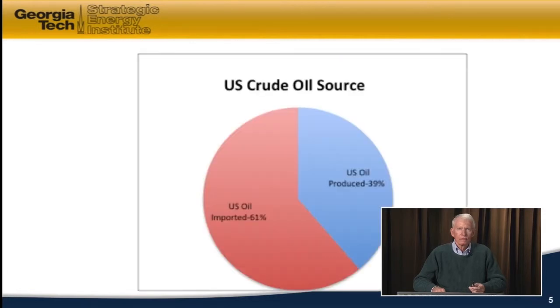As we showed last time, from the U.S. viewpoint alone, not North America, we import about 61% of our crude oil. When I say oil, it's synonymous with crude oil, the black stuff we get out of the ground before we start refining it. And we produce about 39%.